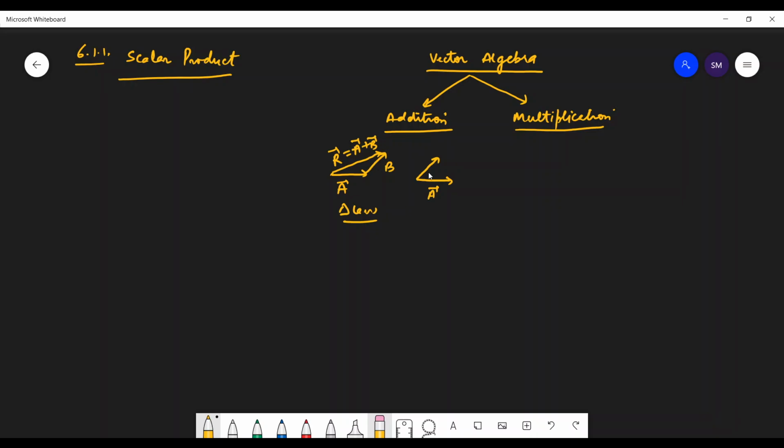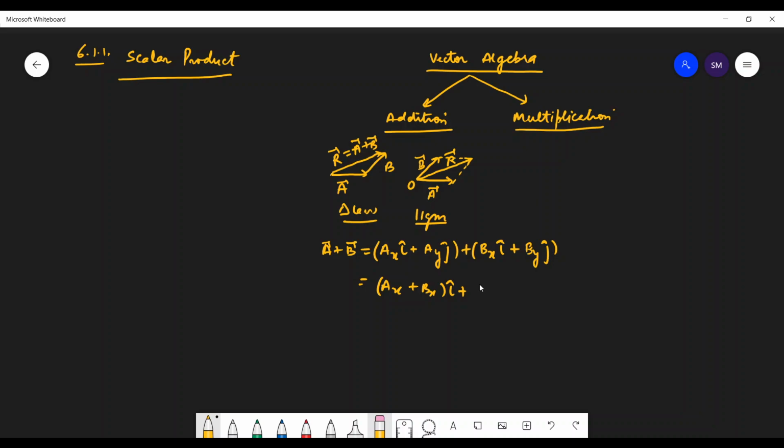Then we have also derived the relation: this addition can be written as A plus B, if A is Ax i cap plus Ay j cap, and B is Bx i cap plus By j cap, then A plus B will be written as (Ax plus Bx) i cap plus (Ay plus By) j cap.